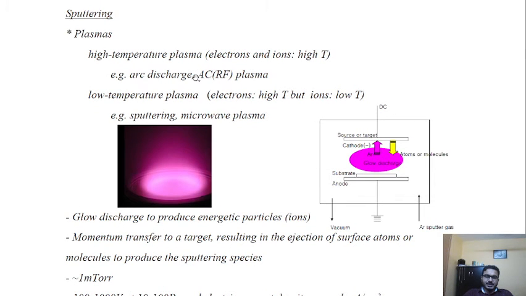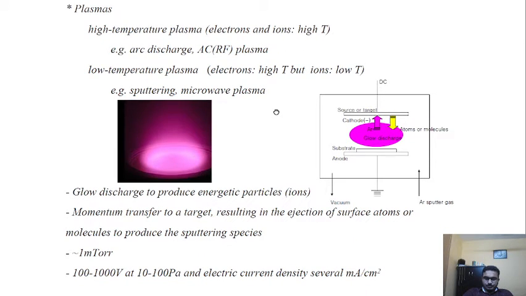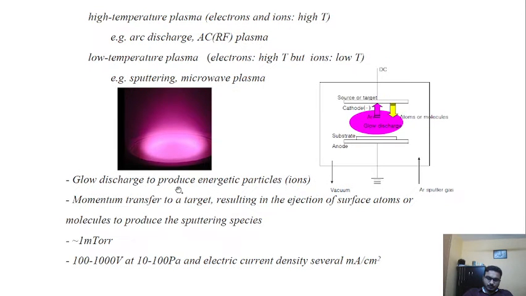We have high temperature plasma, that is electrons and ions are at high temperature, for example arc plasma or RF plasma, or the second category is low temperature plasma, which has electrons at high temperature but ions at low temperature. Examples of low temperature plasma are sputtering and microwave plasma.